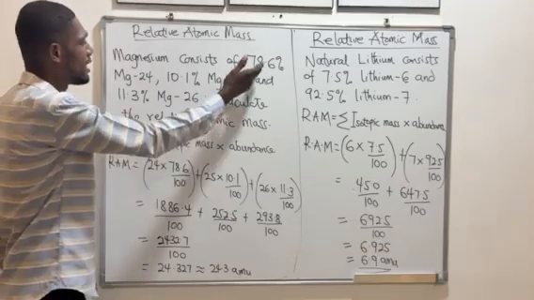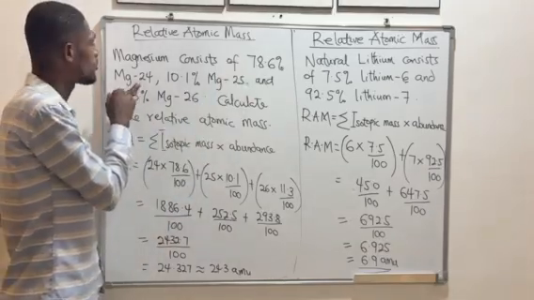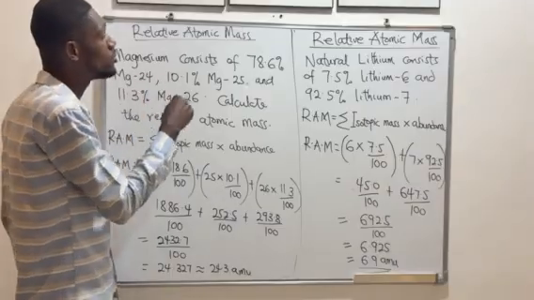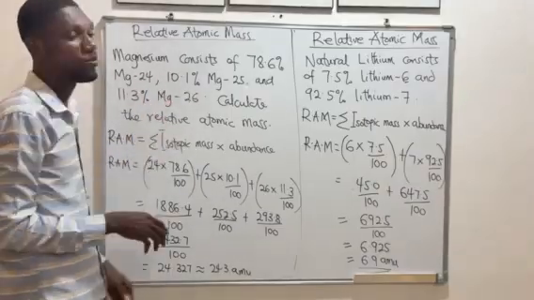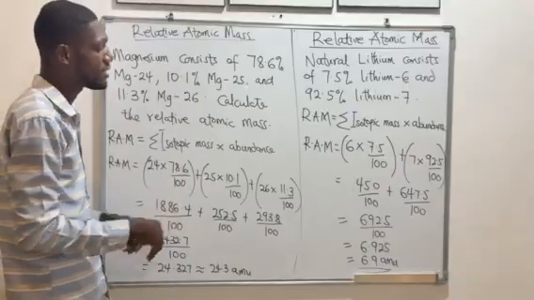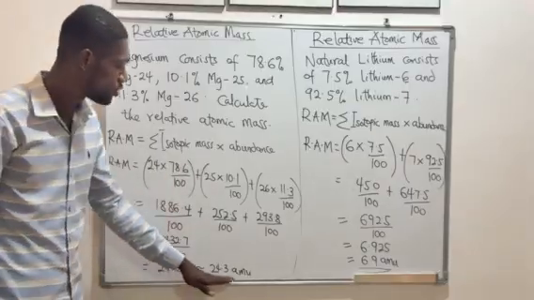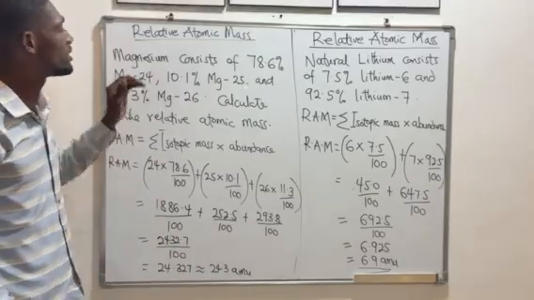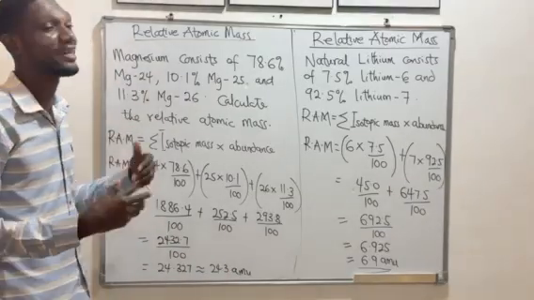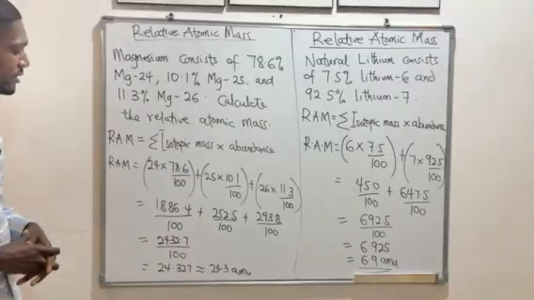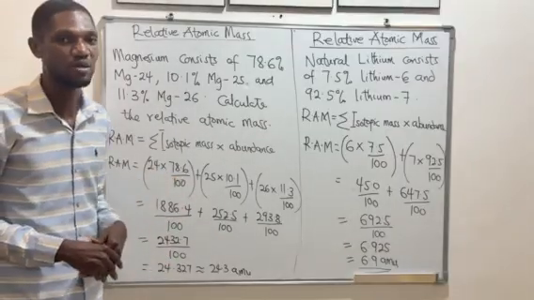So it is the isotope with mass number 24 that contributes most to the atomic mass of the element magnesium. So in calculating the relative atomic mass, your answer should always be closer to the isotope with the largest abundance. So this is how to work out the relative atomic mass.